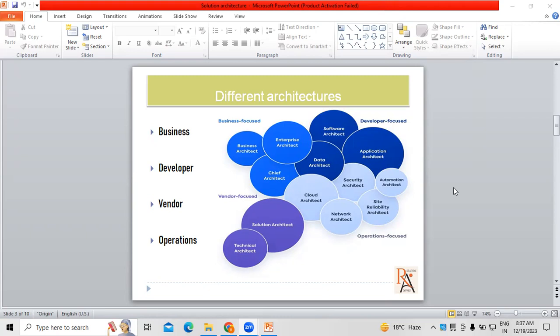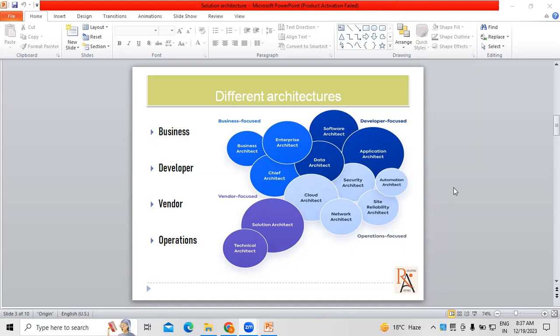Software architecture, application architecture, data architecture, all these come under the developer focused. Means the development team, because technically whatever code we are supposed to write, everything comes under the developer focused point of view. Software architecture, application architecture, right? And how data is connected with all these things.